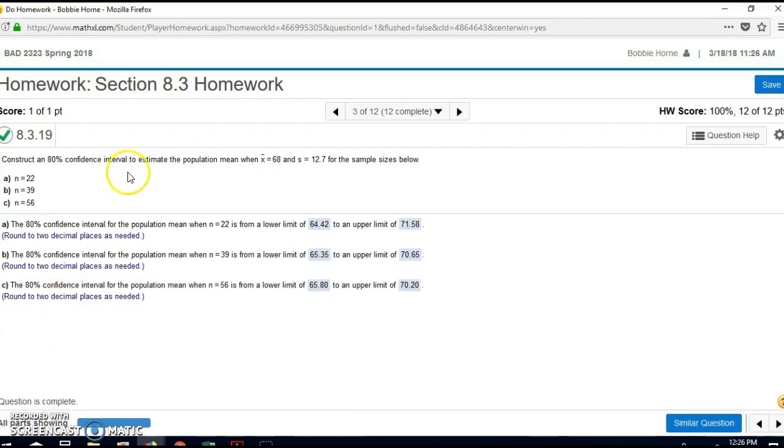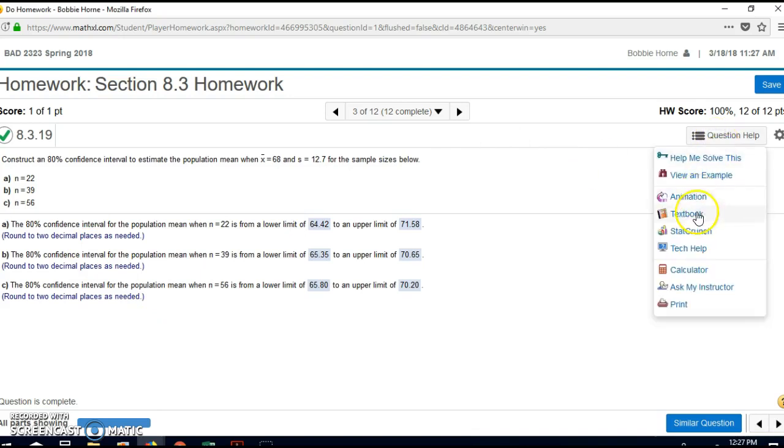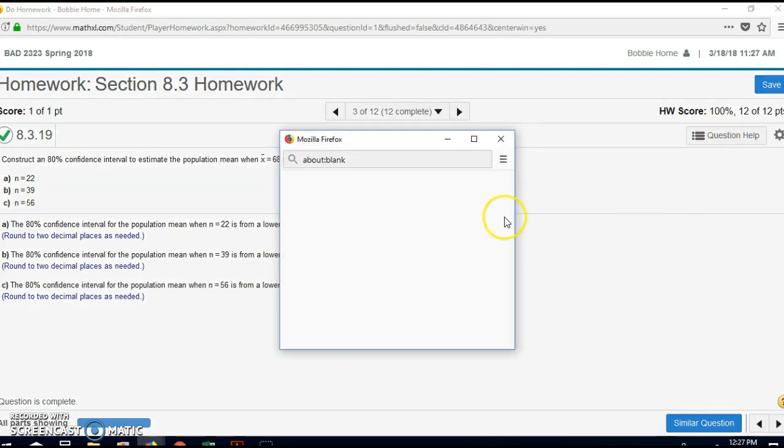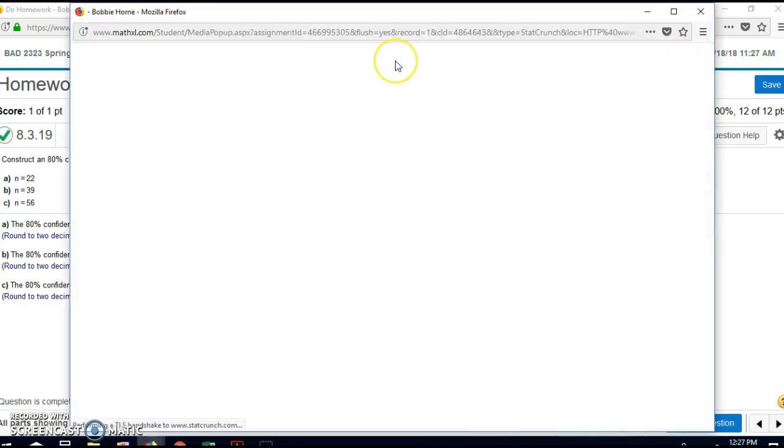Then looking at question number 3, this is the one where you will go back into StatCrunch.